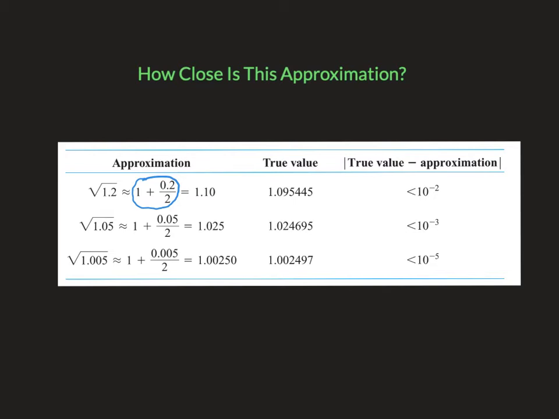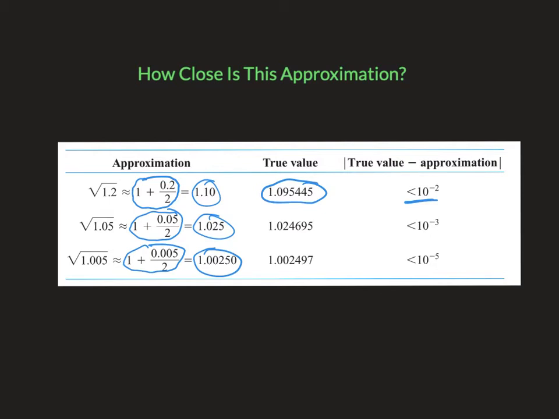And so for values close to 0, like 0.2 or 0.05 or 0.005, we get these approximate values: 1.1, 1.025, 1.0025. Now if we actually plugged in the square root of 1.2, the true value would be 1.09545. You can see that written here. Our approximation is very close.